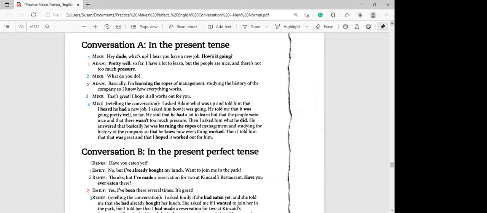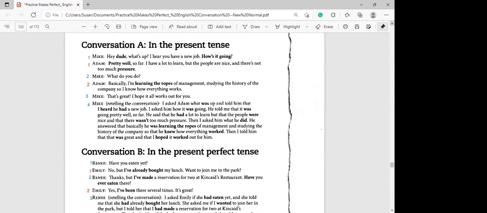Mike retelling the conversation. I asked Adam what was up and told him that I heard he had a new job. I asked him how it was going. He told me that it was going pretty well so far. He said that he had a lot to learn, but that the people were nice and that there wasn't too much pressure.